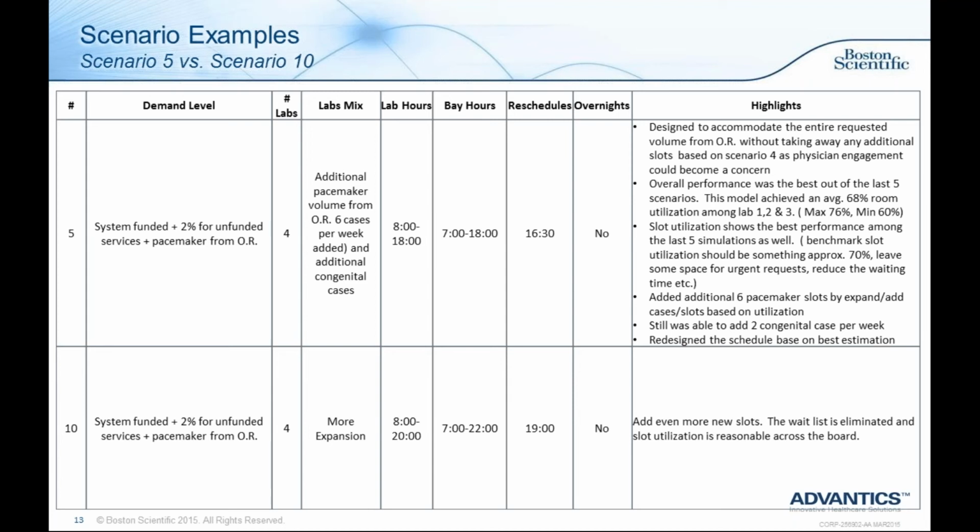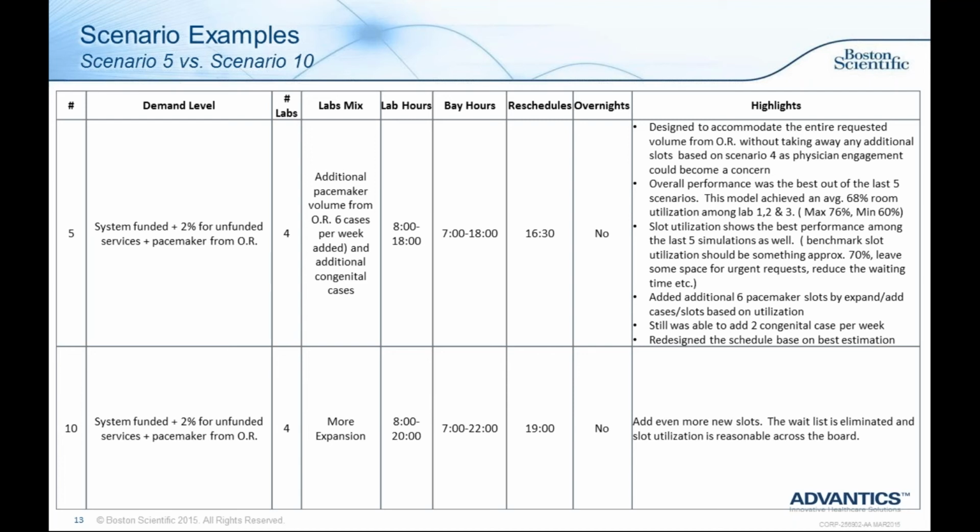Slot utilization is definitely at a higher level, somewhere over 70%. We can add 6 more slots in pacemaker space to adapt to their business needs. They were able to add 2 congenital cases per week, which is big news for them, because in Canada, the congenital cases are done in 2 heart centers. One of them is our customer, the other one is based in Vancouver.